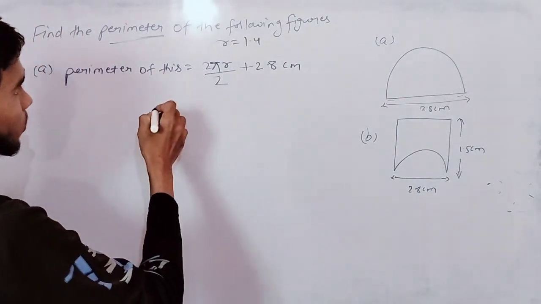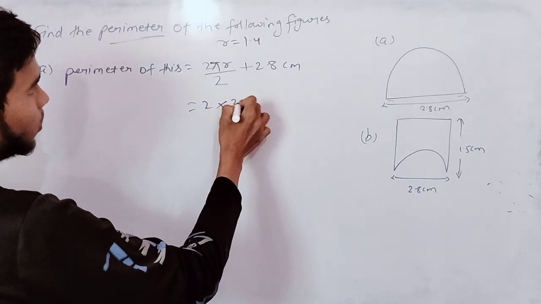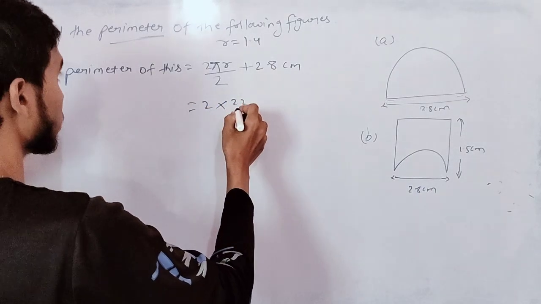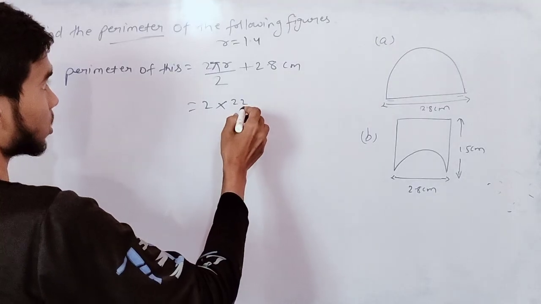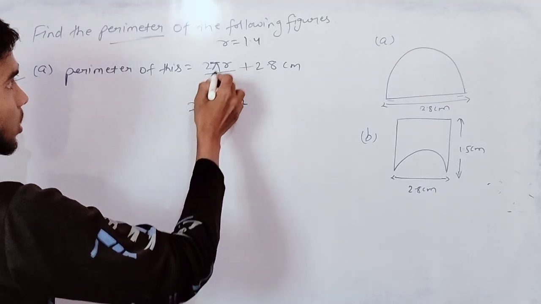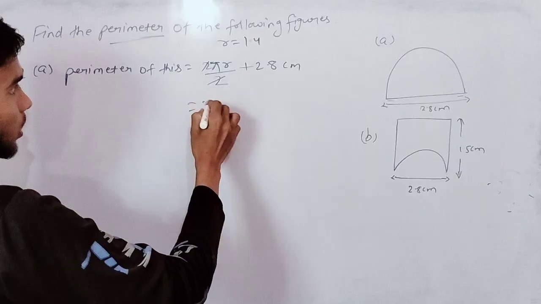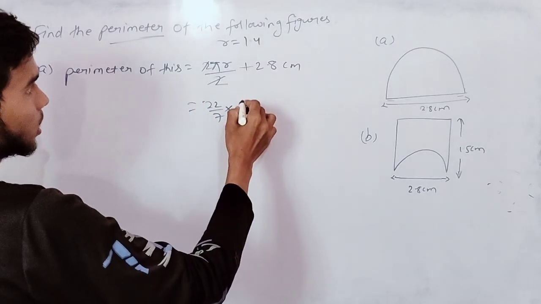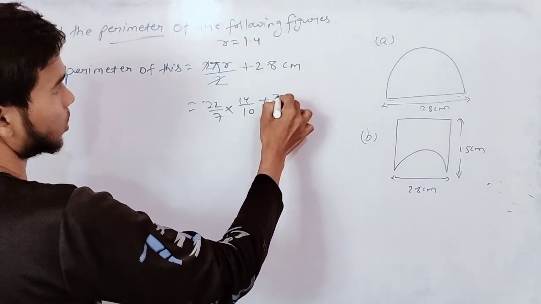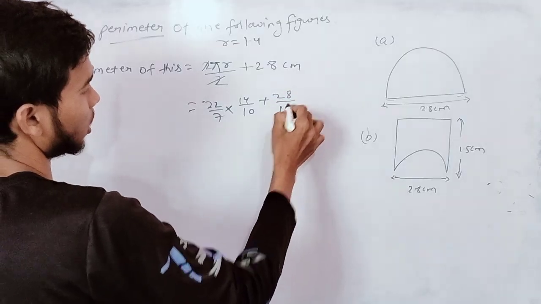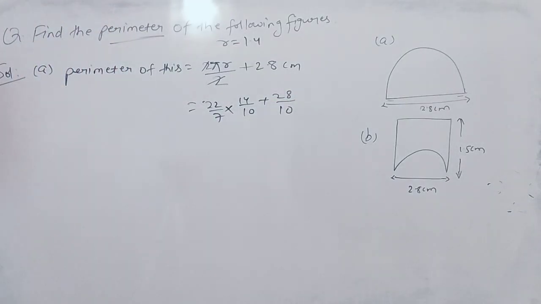Now here, 2 multiplied by 22 upon 7 multiplied by r is 14 upon 10, plus 28 upon 10. This is what we have.